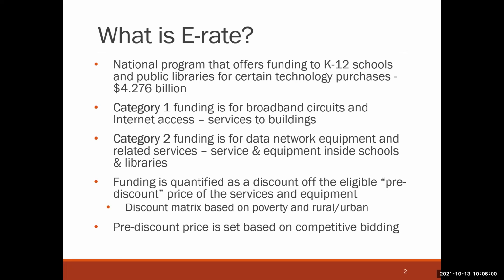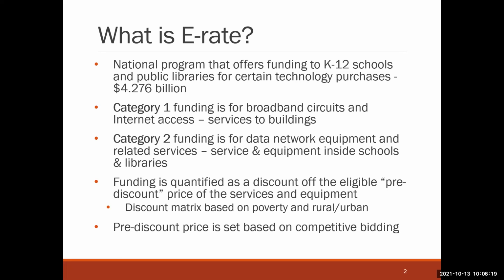to be able to bring broadband internet to students and patrons. The amount of your funding is quantified as a discount off what's called the pre-discount price of the services or equipment. The pre-discount price is simply the amount that you would pay to a vendor if the E-rate program didn't exist.